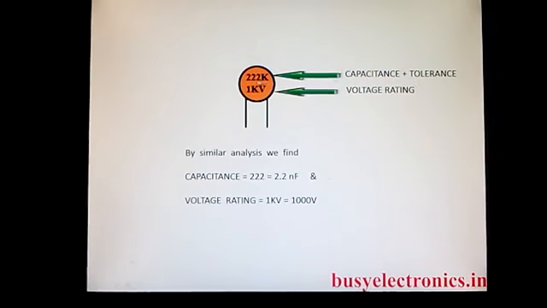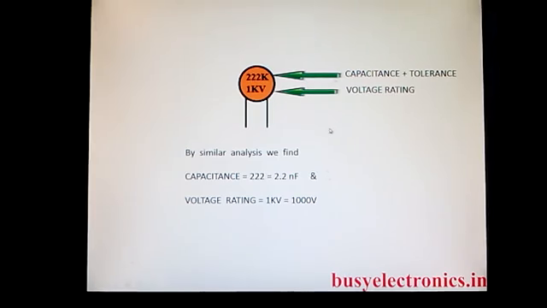So this K is written along with the capacitance, and the tolerance value will be found soon. So by the similar analysis that we have made earlier, the capacitance value for the same capacitor is 2.2 nanofarad, and the voltage rating is 1000 volt.